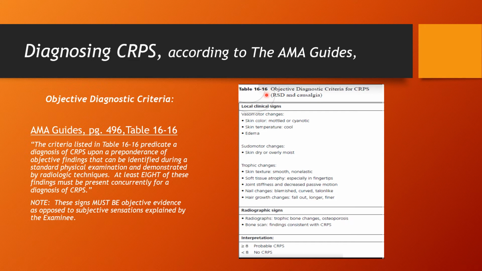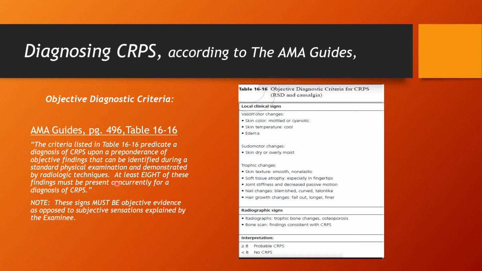Okay, let's question that. Radiographic techniques, many times they don't appear in an early diagnosis of CRPS. And when you're talking about objective criteria, you're taking subjectivity out. And how do we diagnose generally? Signs and symptoms. Again, some discrepancies.